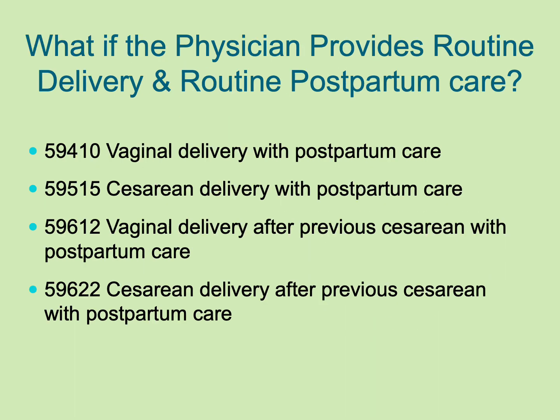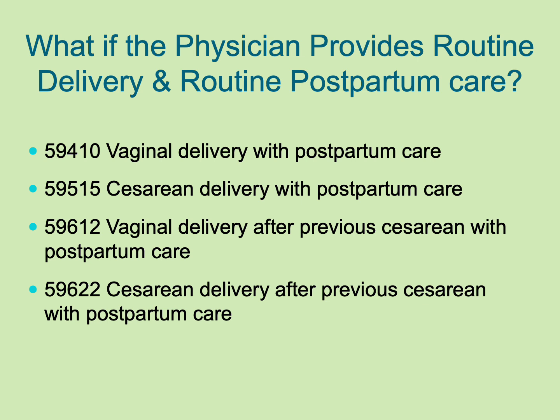So what if we're trying to cover all possibilities here, right? What if the physician provides routine delivery and routine postpartum care? So there's 4 possible codes for this too. 59410, vaginal delivery with postpartum care. 59515, cesarean delivery with postpartum care. 59614, vaginal delivery after previous cesarean with postpartum care.